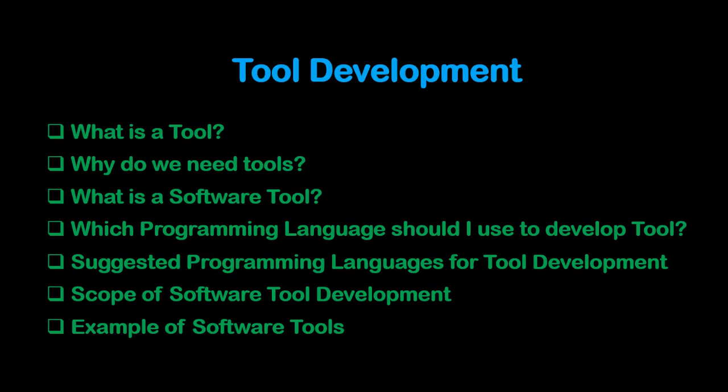It could be a startup company by itself. So the scope of software tool development is very vast. It has no boundaries. Examples of software tools, we will discuss further in this video. So continue watching this video.